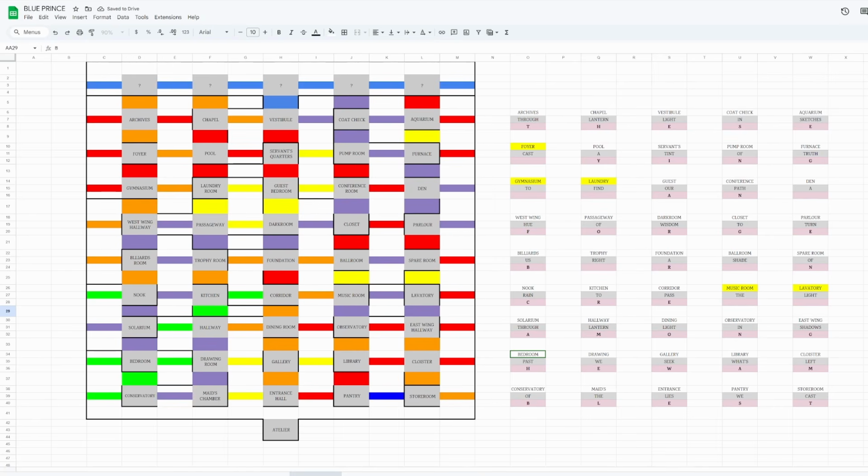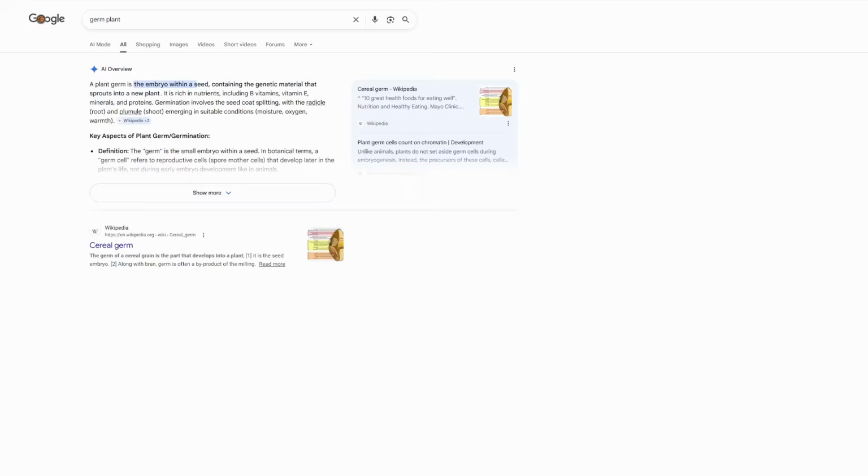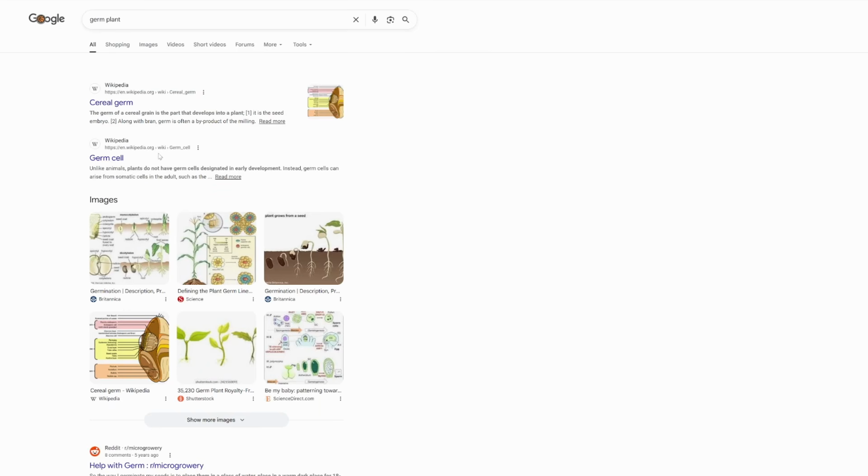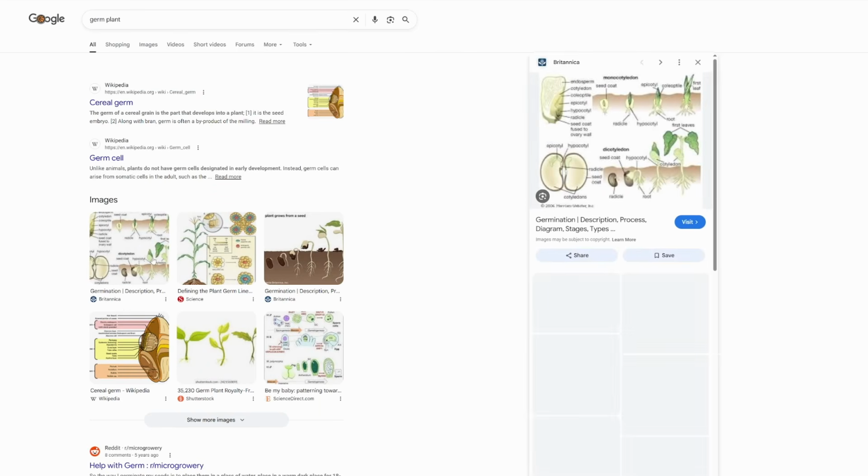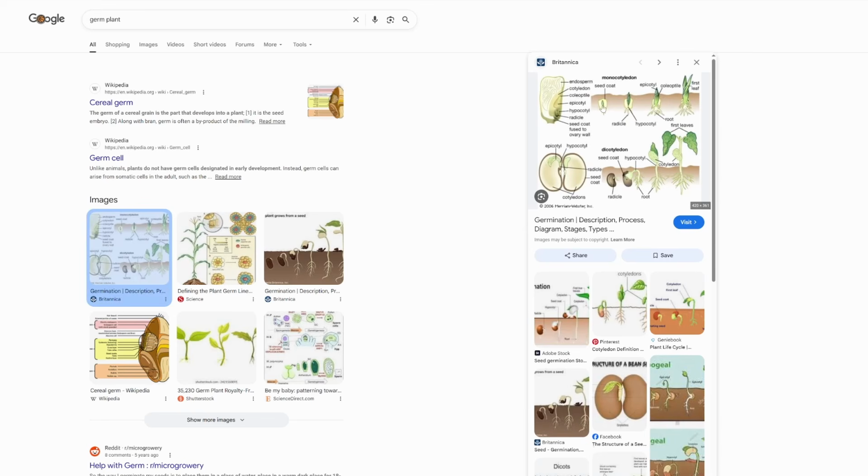It could be bloom. It could be grow. Don't they call them germs? Like germinating? Germs? I don't know how that would help here. Germination. Seed coat.